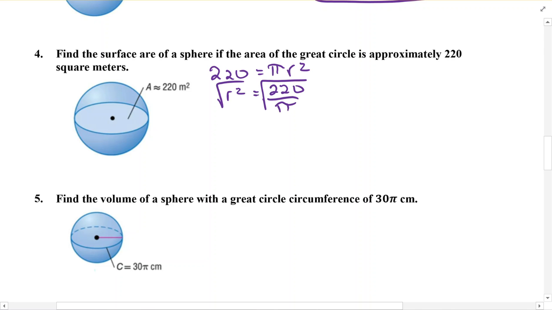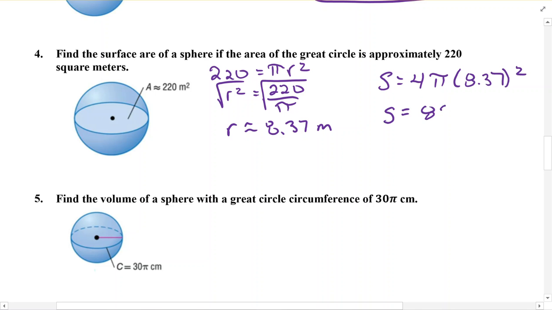Square root both sides, and we have that the radius is approximately 8.37 meters. Surface area is 4 times pi times the radius squared. In this case, we have the surface area is 880.4 meters squared.